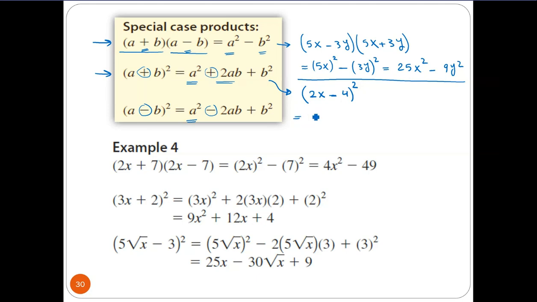This equals the first square, 2x square, minus, because we have negative, 2, this is from the law, the first 2x multiplied by the second 4, plus the second square, 4 square. So we have 4x square minus 16x plus 16, like this.